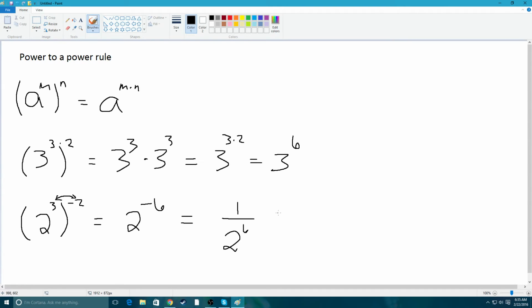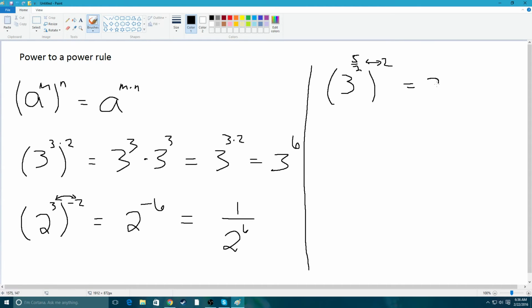Another one would be if you had a fraction. So if you had 3 to the 5/2 power to the second. Remember, you're multiplying these exponents because of the power to a power rule.